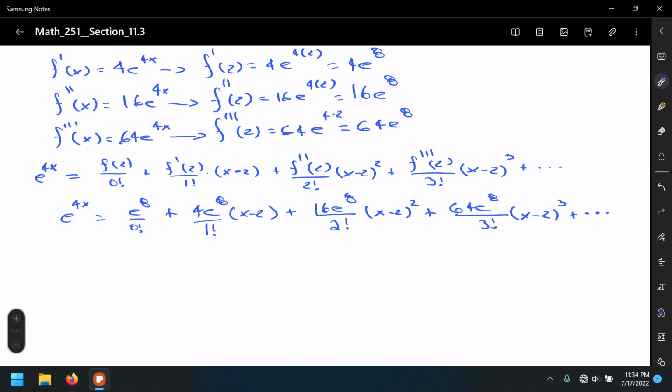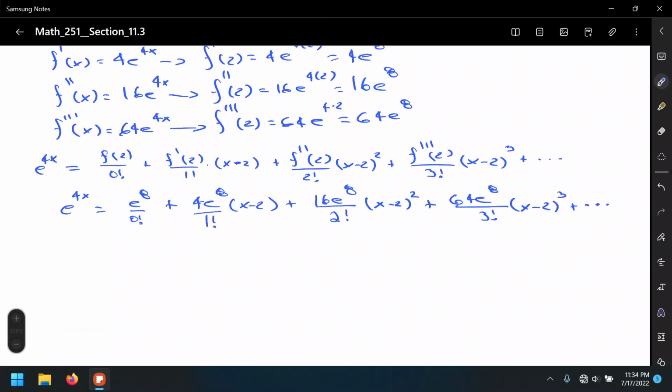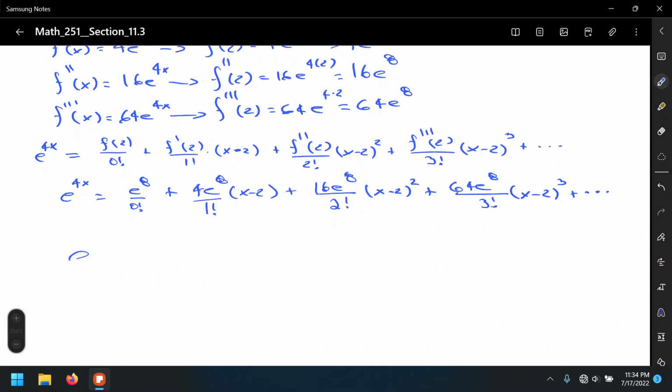All right, so let's find a way to come up with an expression in terms of sigma. So e to the 4x centered at a equals 2. Let's start with sigma n equals 0 to infinity. In this case, notice we have e to the 8th. Number 1, e to the 8th appears in all terms.